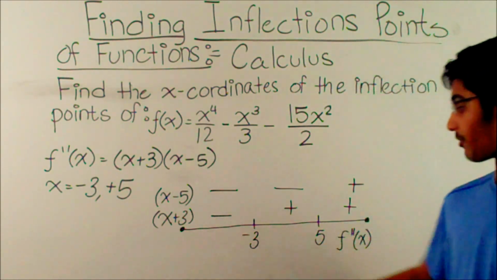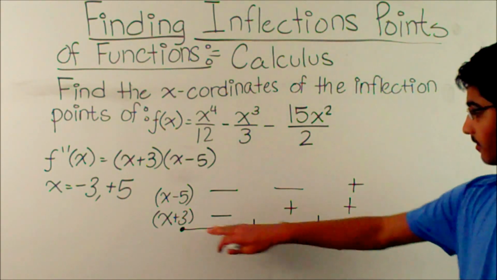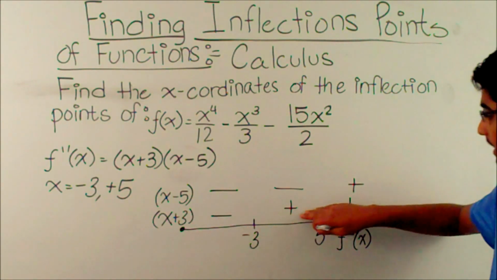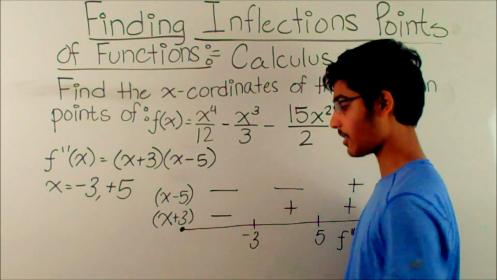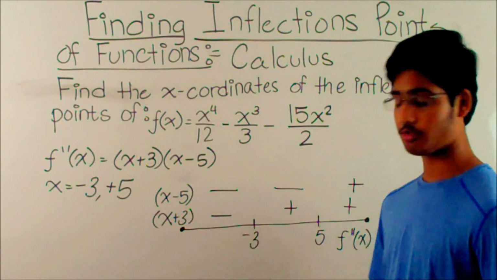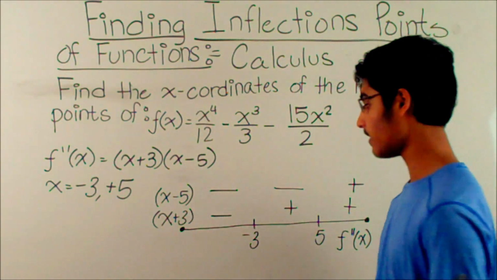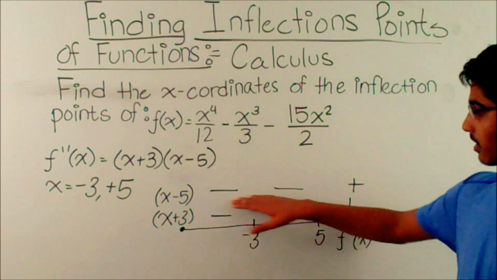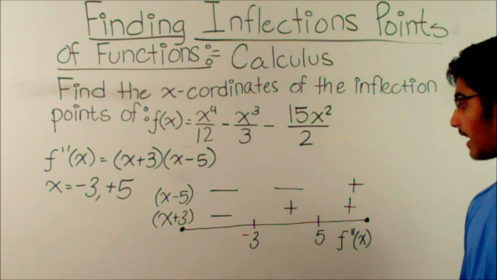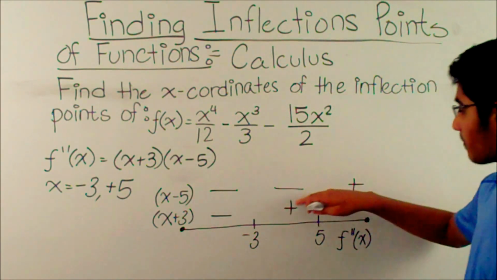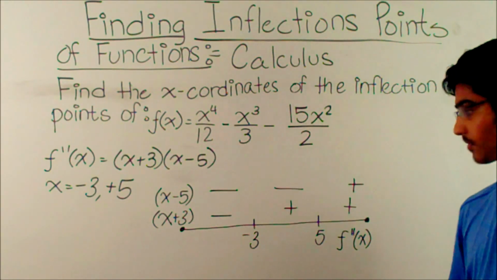Anything greater than negative 3 will be positive for this lower factor. And that's why it's positive on this interval here. However, anything that's less than negative 3 plus 3 will have to be negative. Once again, that goes true for these two here. Anything that's less than 5 minus 5 will have to be negative. So that's why these two are both negative.